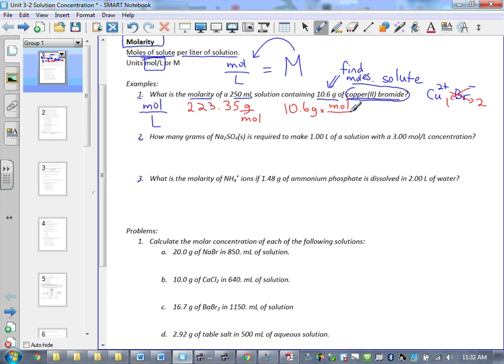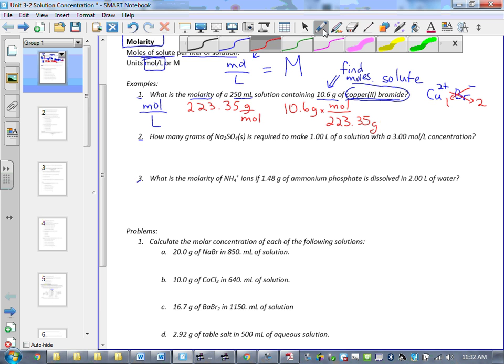And we're dividing by 223.35 grams. What happens to our grams? They cancel. So now we've got our moles on top, just like we want. And what do we want on the bottom?